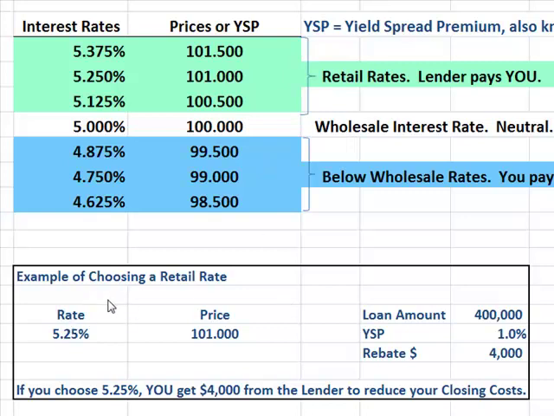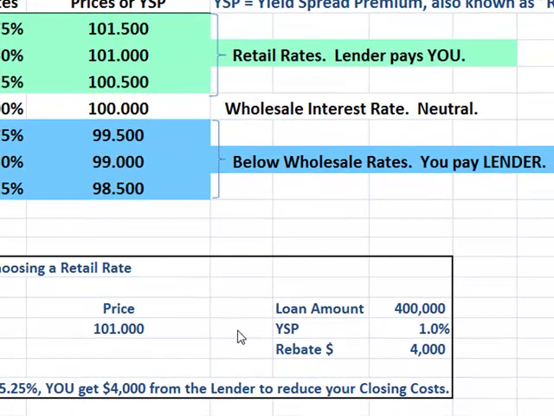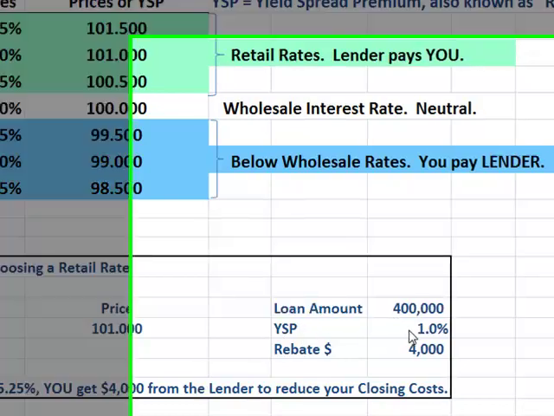Let's now look at the example below where a borrower wants to choose a retail rate, in this example of 5.25. So 5.25, notice, has a price of 101. That's the yield spread premium. There's the price of 101. So let's assume the loan amount is $400,000, and if the price is 101, the YSP is 1% there.